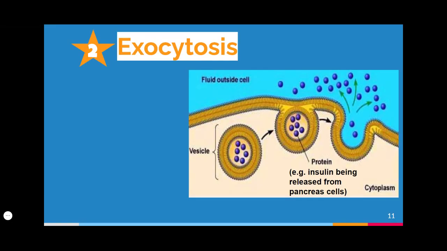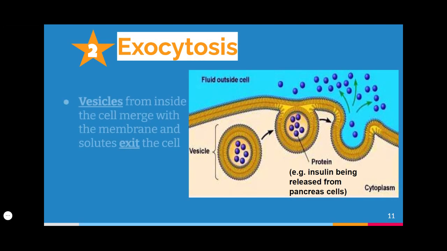The second type of bulk transport is called exocytosis. So on page 12 of your packet, write down the bulk transport number 2 is exocytosis. And that can be defined as a vesicle from inside the cell merging with the cell membrane and getting rid of the solutes, or solutes exit the cell.